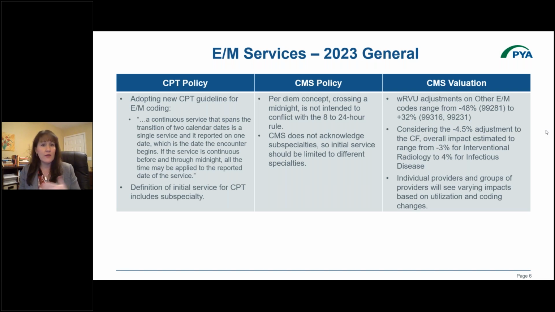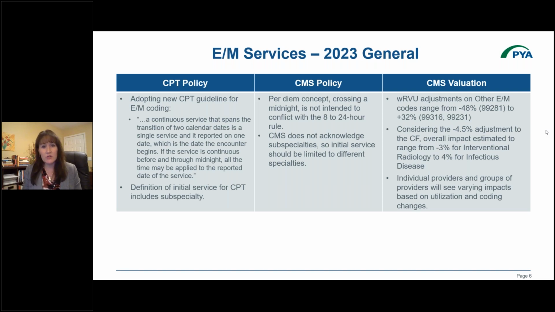Keep in mind that there are adjustments published within the fee schedule that say things like negative 3% for interventional radiology and 4% for infectious disease as a total revenue impact. But again, because each provider is billing uniquely to their patient population, looking at an average of that population across the nation is not giving you a good indication of the full impact of these changes.